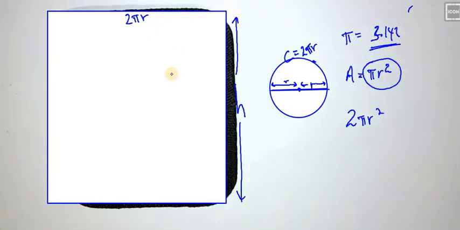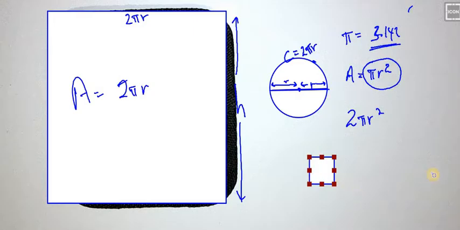So the area basically is given as what? Notice that it forms a rectangle now. So it's actually 2 pi r multiplied by, remember, to find the area of a rectangle, the area of a rectangle is given as length by width.